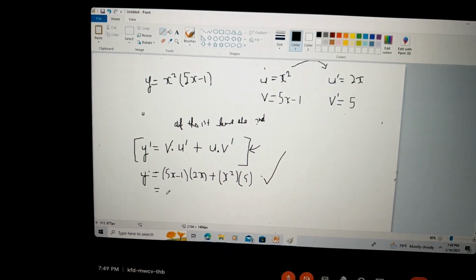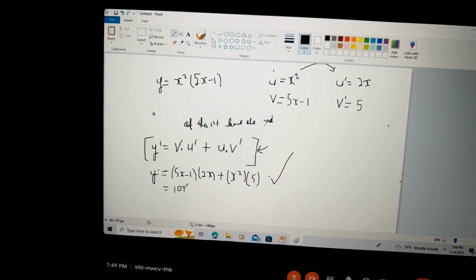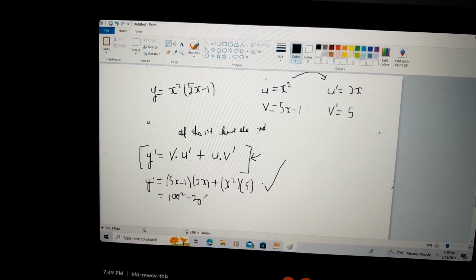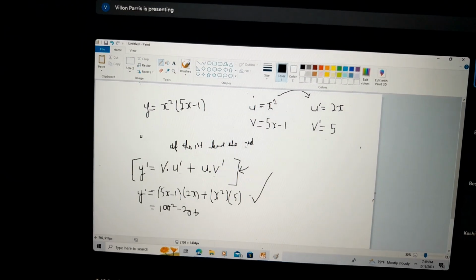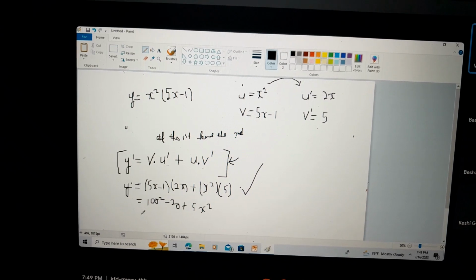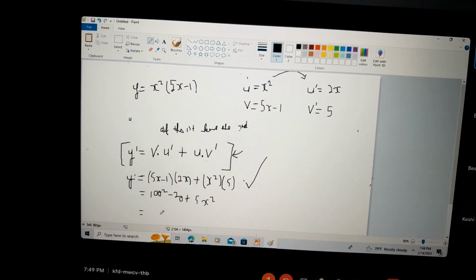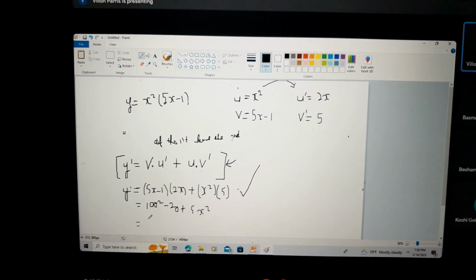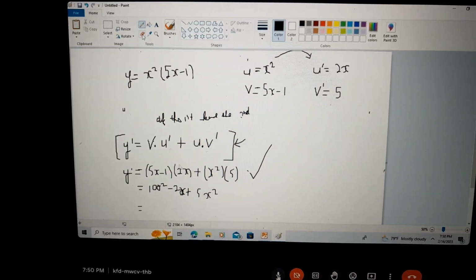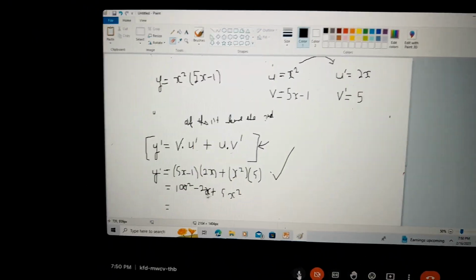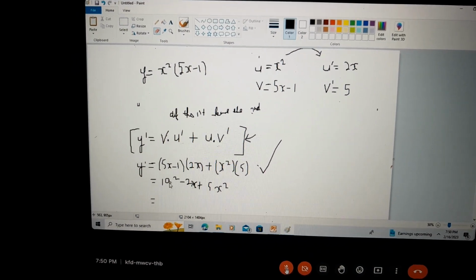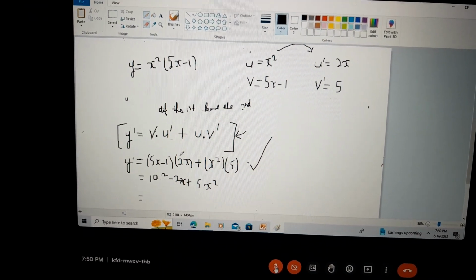So 5 to 10x squared minus 2x plus 5x squared. So what's your final answer?